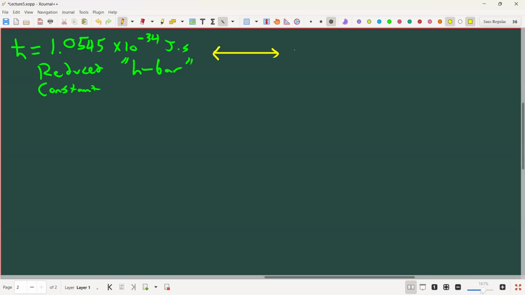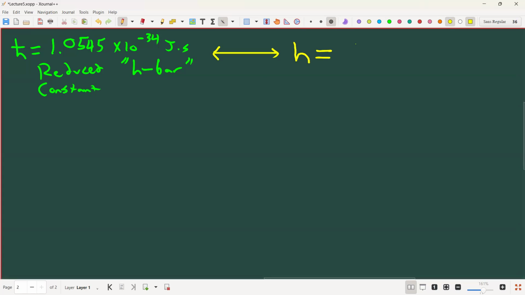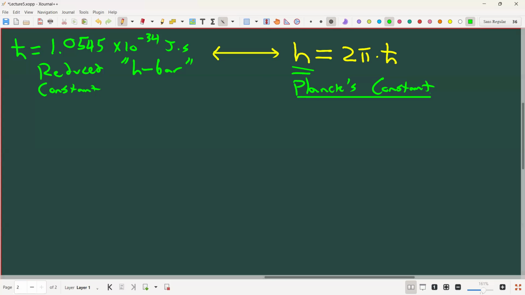We can also interconvert them. There's another one called H, which is 2 pi times H bar. Right, and this H here, this is what we call Planck's constant. All right, so Planck has 2 constants named after him that are related by a factor of 2 pi.